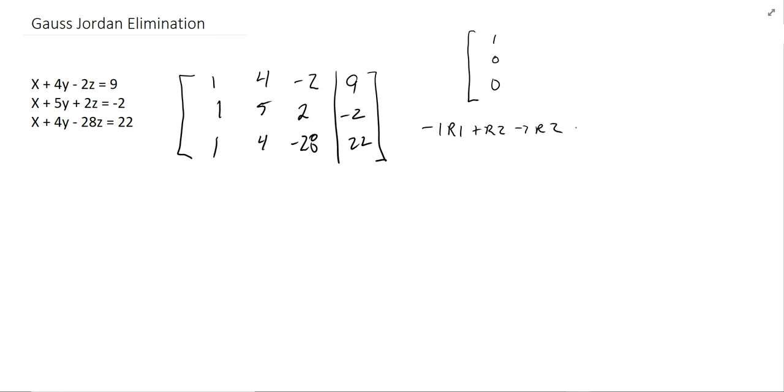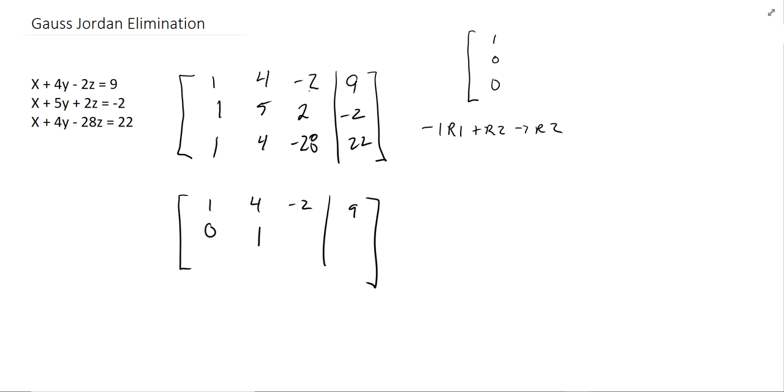So negative 1 times row 1 would give me a negative 1. I'm going to leave the first row the same, so let me copy that down to start with. Negative 1 plus 1 gives me 0. Negative 1 times the 4 plus the 5 gives us 1.